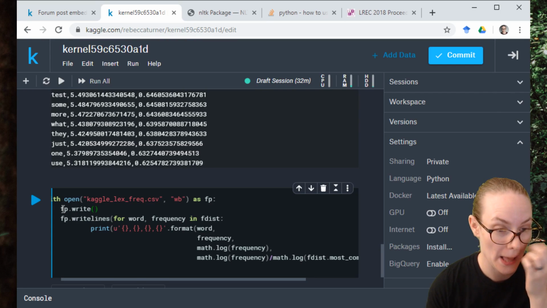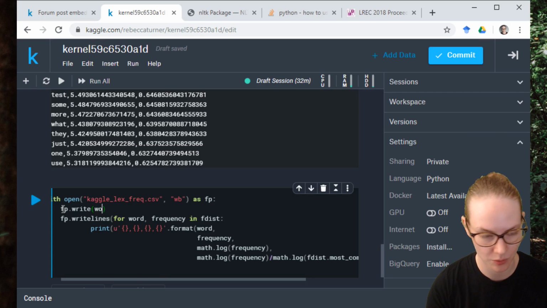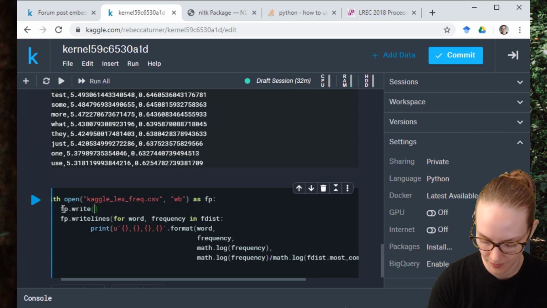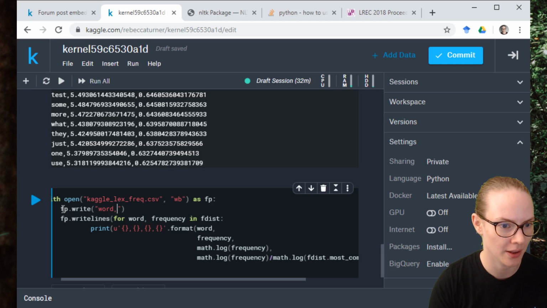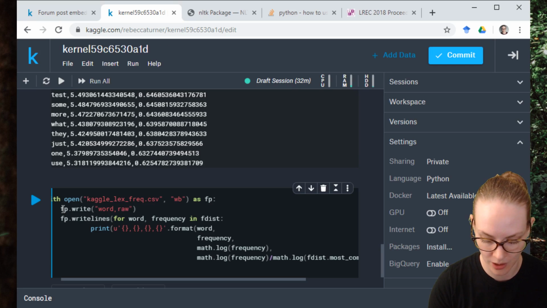What do we call this? Word, comma, raw frequency, log frequency, and then saliency.